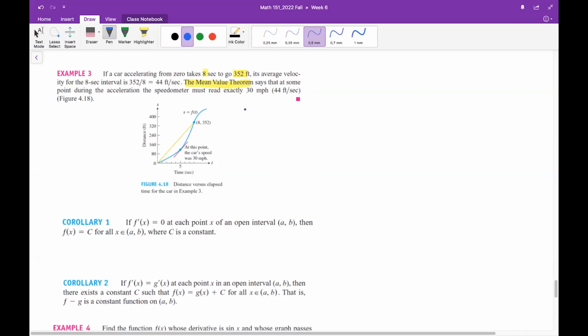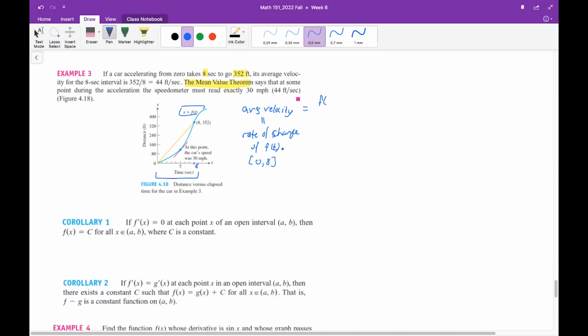We want to compute the average velocity of the given car, right? This corresponds to the rate of change of the function given here as f of t. Okay, how do we compute the rate of change? We want to compute the rate of change of f over the interval from 0 to 8.